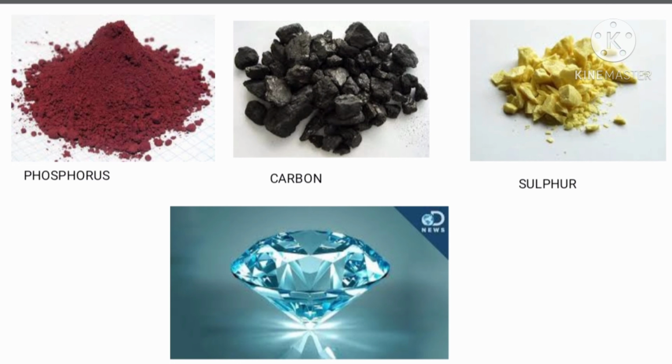This is an exception. Then we studied that non-metals are non-malleable. Non-metals are non-ductile, meaning they can neither be converted into thin sheets nor into wires. Is it clear? Then we say that non-metals have all three states: solid, liquid and gas.